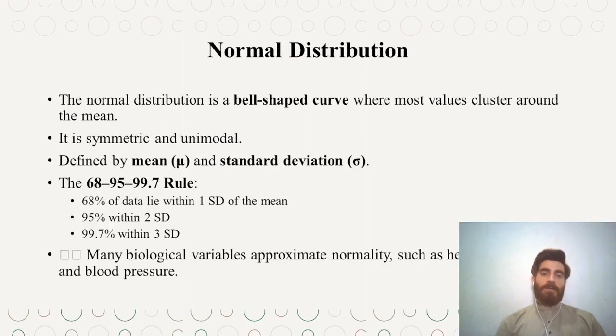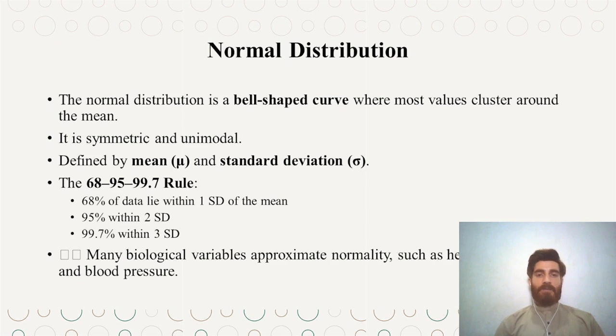So after these, we should discuss the normal distribution of our data. What is the normal distribution? The normal distribution is a bell-shaped curve where most values cluster around the mean. It is symmetrical and unimodal.